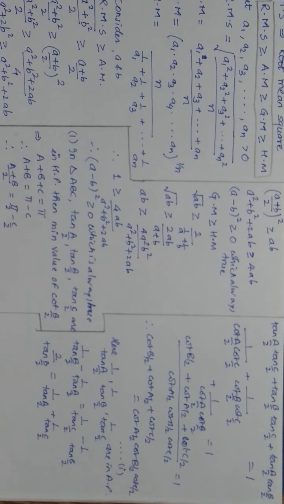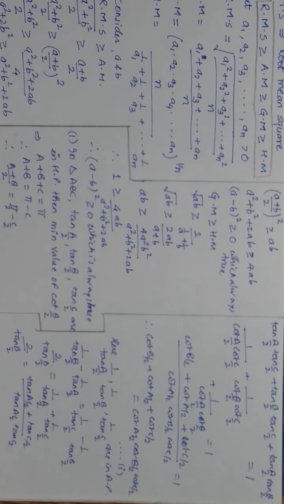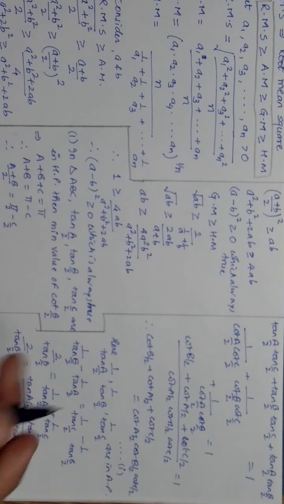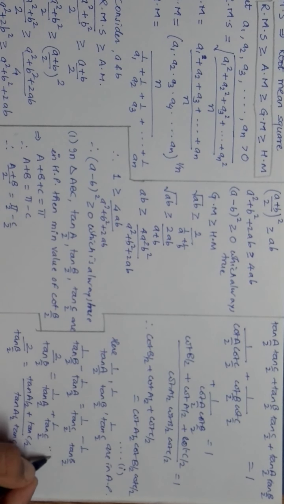So in short this becomes 2 upon tan B by 2 is equal to tan A by 2 plus tan C by 2 upon tan A by 2 into tan C by 2. Right? So if you want, keep it like this, or better, convert to cot, because we want the relationship in terms of cot.